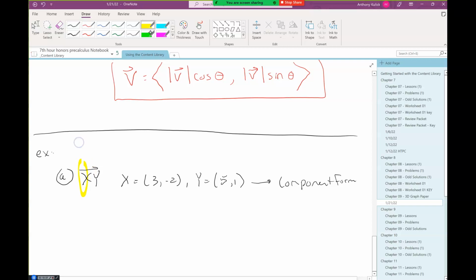Yeah, so Luke's looking at the vector notation here. So that's telling us that the x is the tail because the tail of our arrow is over the x, and y is the head because the head of the arrow is over the y.